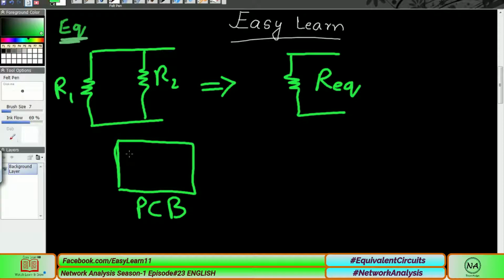For example, just think that this is the PCB of a simple mobile phone, and a resistance is here, a resistance here, a resistance here, and we want to add a new feature. For example, we want to add a camera here, and for this purpose, we need to remove a resistance. We need to replace these three resistances with one resistance.